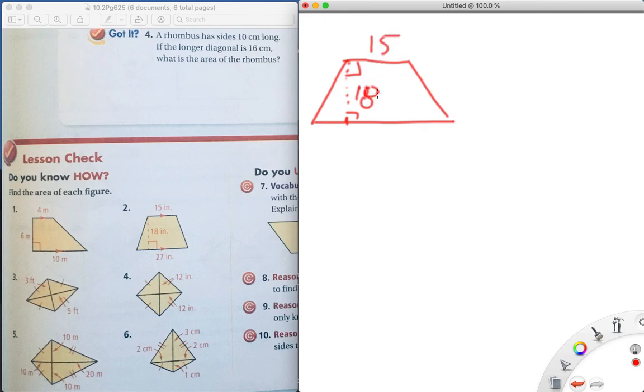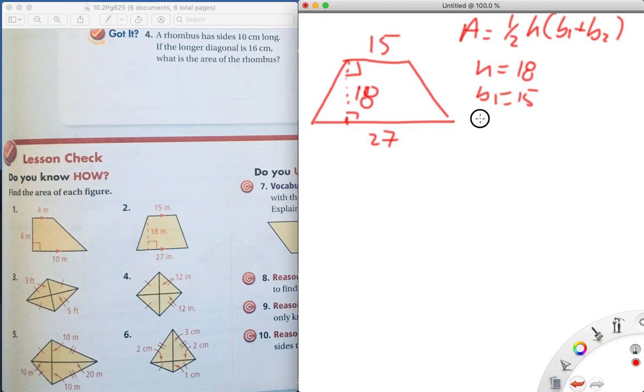Top one is 15, bottom one is 27. So area equals 1/2 the height times the sum of the bases. In this case, my height is 18. We'll call base 1 15. We'll call base 2 27.